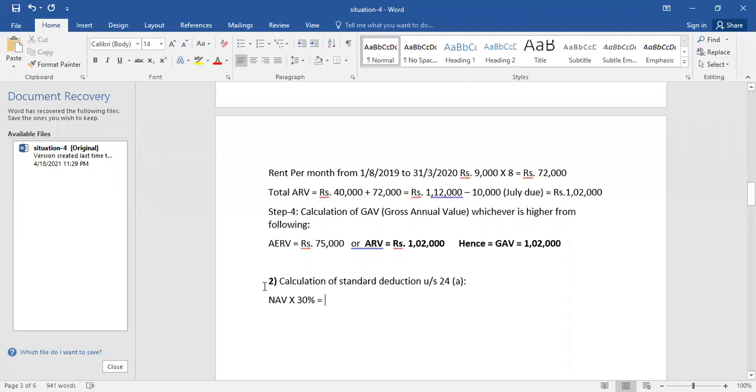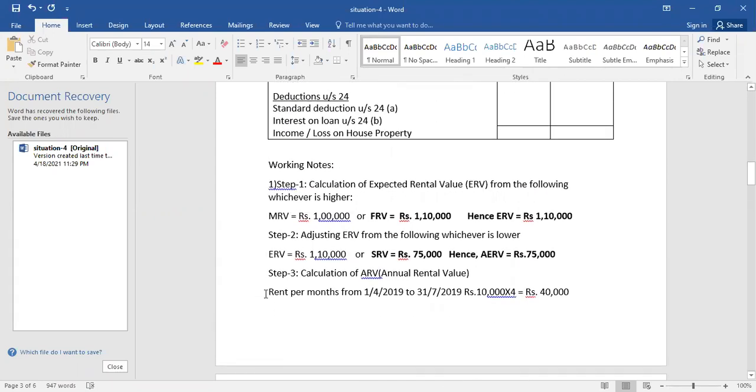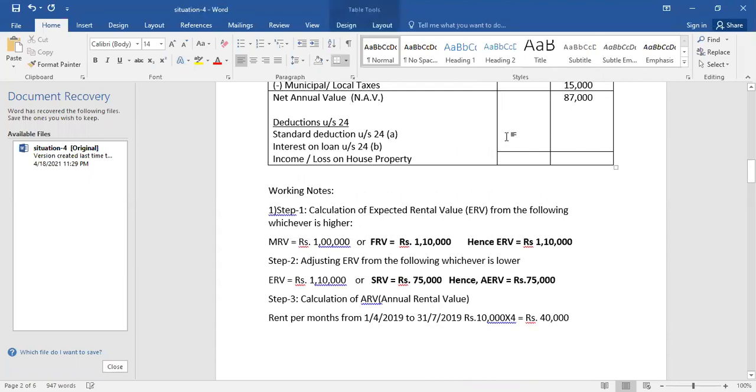NAV is 87,000. 87,000 into 30% is 26,100. Okay. 26,100.